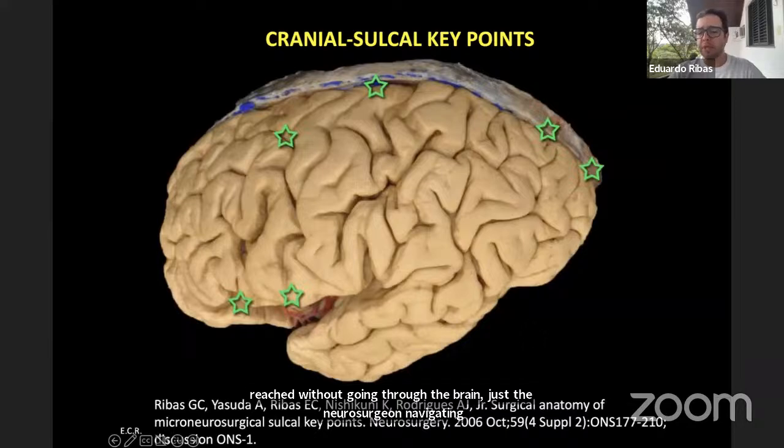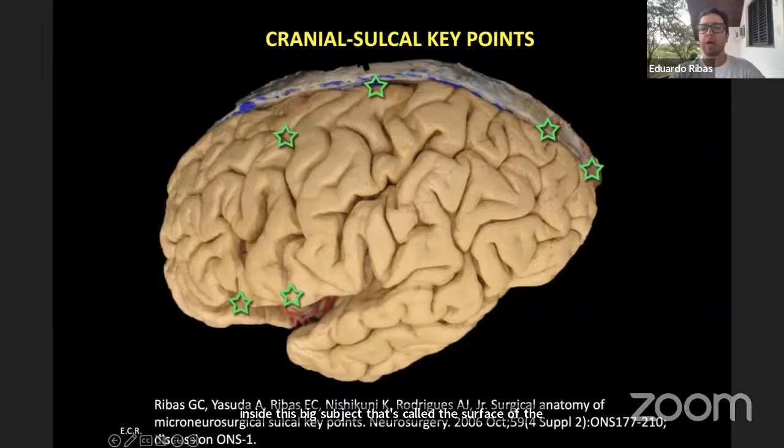Inside this big subject that's called the surface of the brain, we made a lot of studies regarding the cranial-sulcal relationship. We came up with these key points. That's really a set of key points that we can understand how the skull is related to the main sulci. This is a big paper that we published with Professor Ribas, my father, Guilherme Ribas, also a Brazilian neurosurgeon, and a group of other researchers as well.